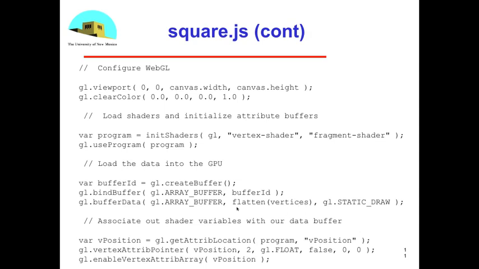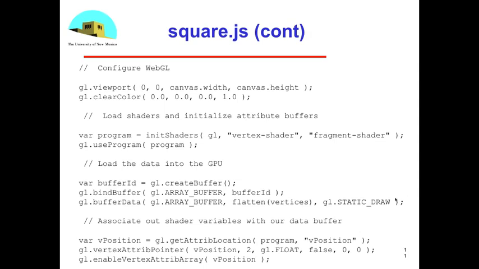So I have a function inside the MV package called flatten, which will extract the values, make a simple array, and pass that in. If you don't use flatten, you're going to get errors because it's not going to see what it expects to see when these data are loaded onto the GPU.